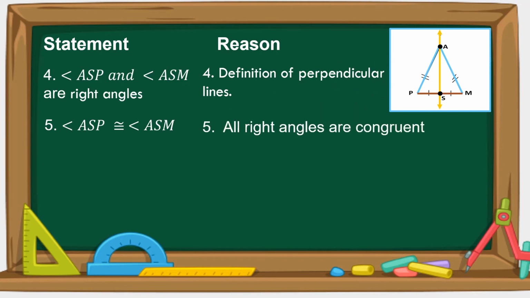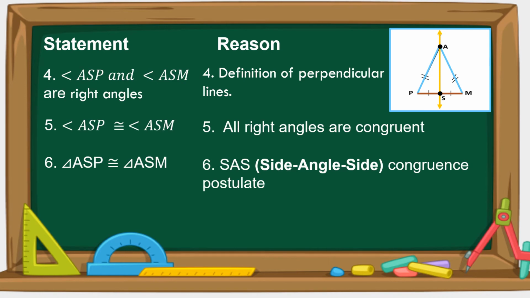Reason, all right angles are congruent. Sixth statement, triangle ASP is congruent to triangle ASM. Reason, SAS or side-angle-side congruence postulate.